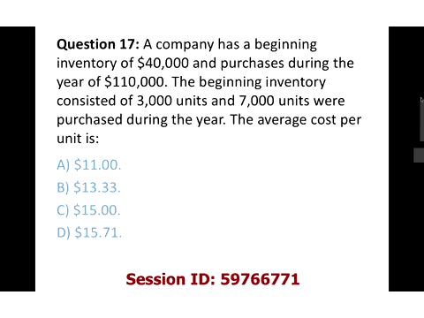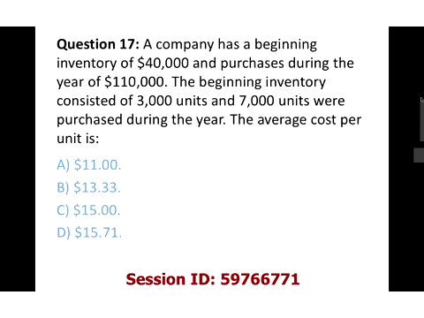Now I'm skipping to the last sentence. It says the average cost per unit. So we're using the weighted average method. The weighted average method takes our total cost and divides by our total units. We said our total cost was $150,000, because that's the $40,000 and the $110,000. Now it tells us the beginning inventory was 3,000 units and 7,000 were purchased.